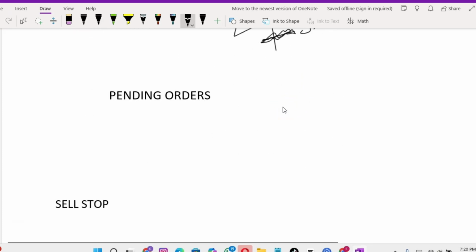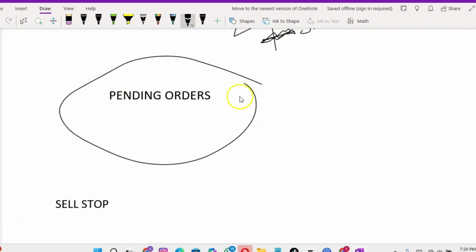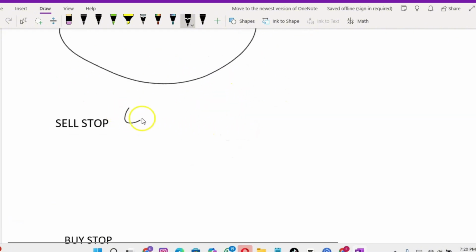Secondly, I want us to look at pending orders. The first pending order we'll look at is the sell stop. The sell stop is an order that allows you to sell a particular currency below the current market price.